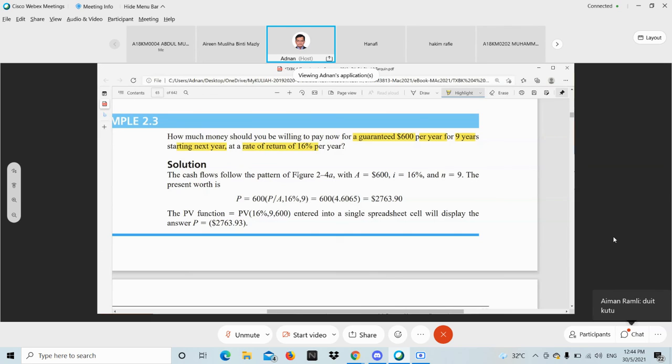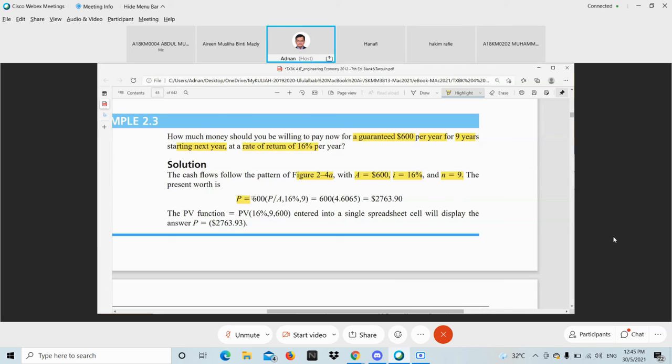The cash flow is shown in Figure 4.2. We want to get 600 every year, with a growth rate of 16% for 9 years. So how much principal should I put into my investment? How do we write this?